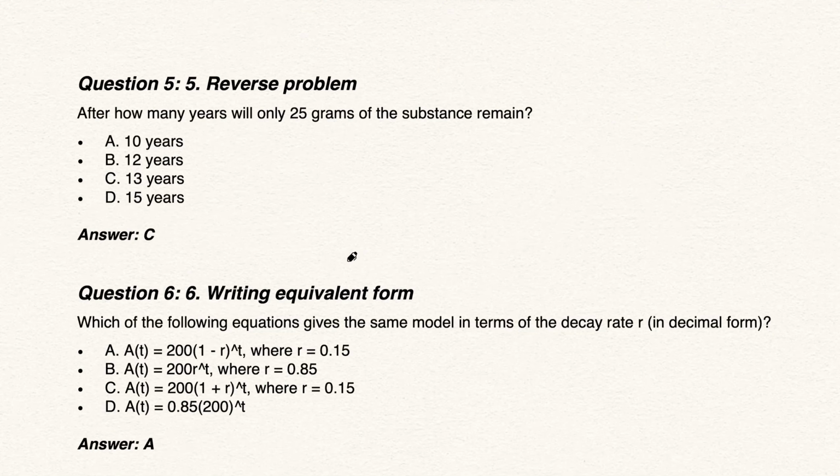Reverse problem. How many years? Now what is missing? Time, right? 25 grams of substance remain. That means this is the final amount. So 25 is equal to 200 times 0.85 raised to the power t.